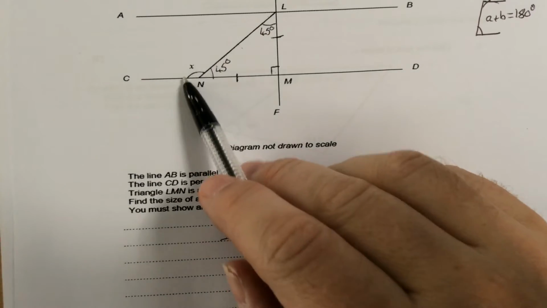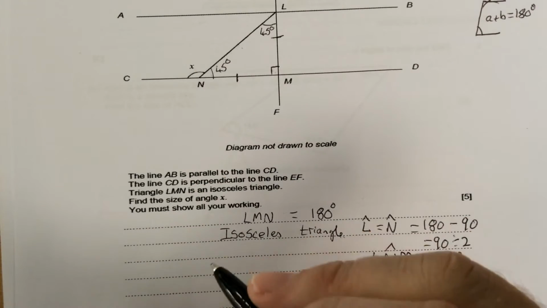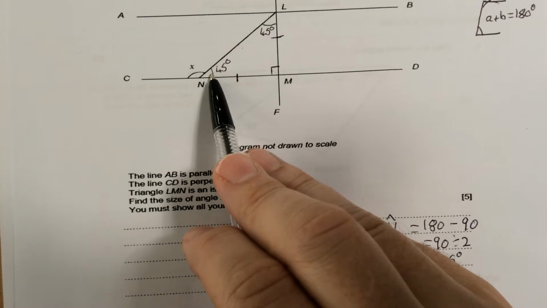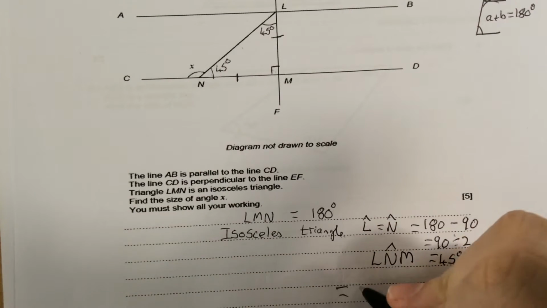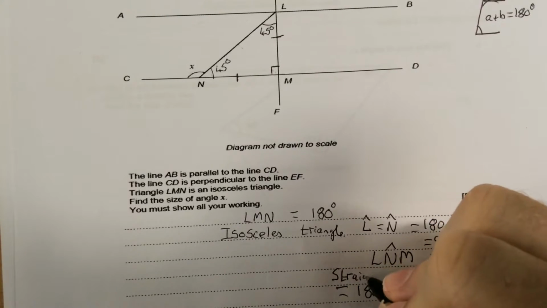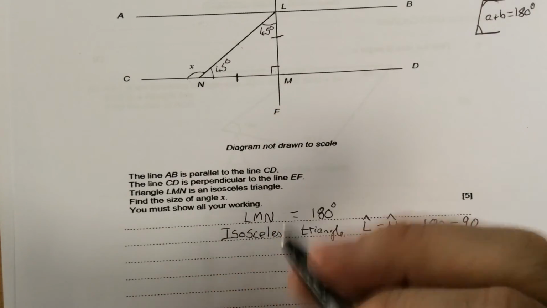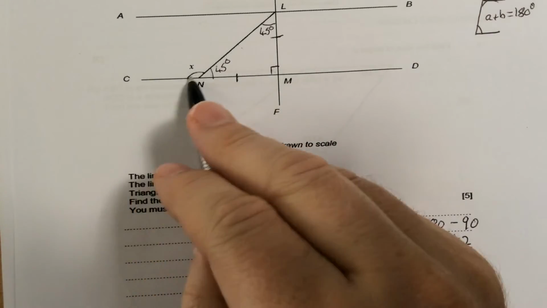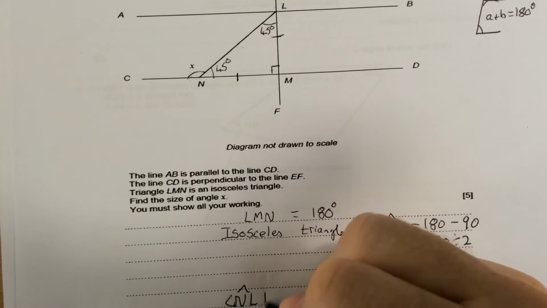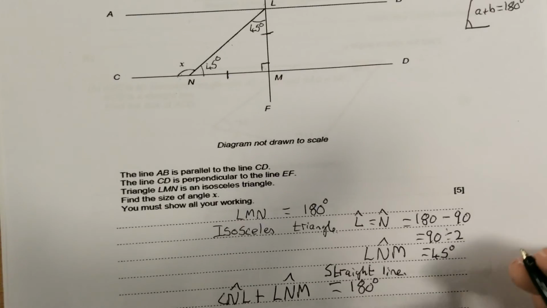But it asks me to find this angle X now. What that is, because of the parallel lines, basically, the angle that side of the line and the angle this side of the line add up to 180 degrees, because it's a straight line. So because angles on a straight line are 180 degrees, you can say the angle from C to N to L, so at N, so CNL plus LNM, which we just talked about, equals 180.